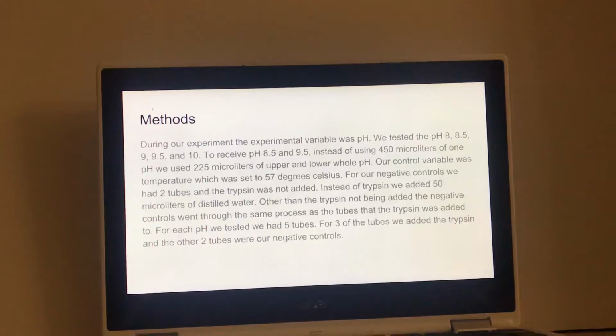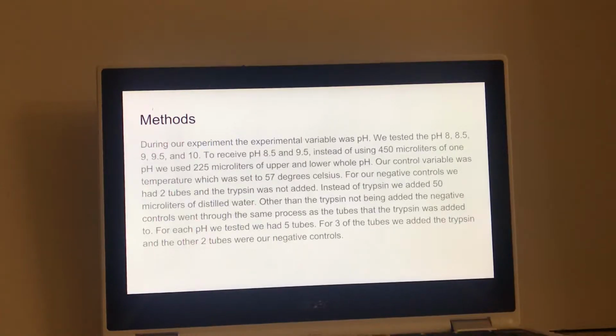We kept the volume in the tube and put them all in the centrifuge machine to make sure that we would break down the substrate, because trypsin was the cause of the breakdown of the substrate.